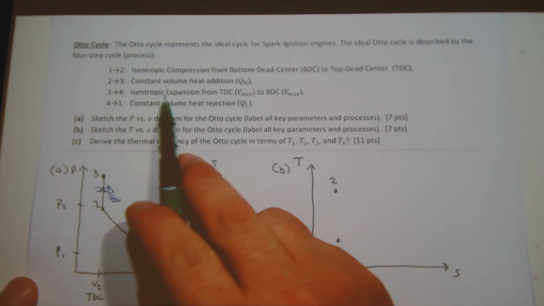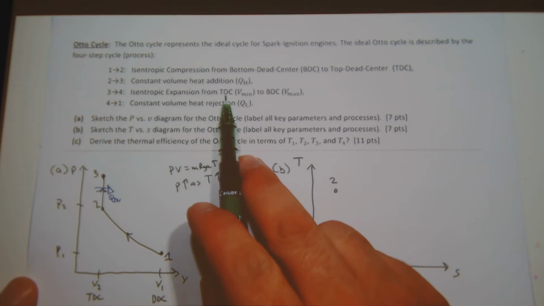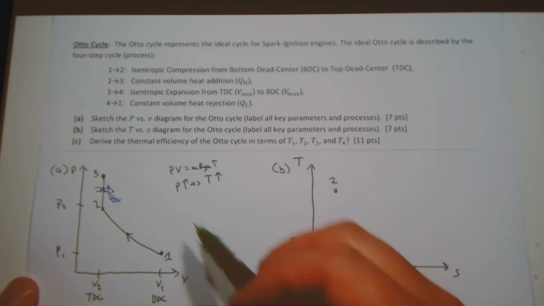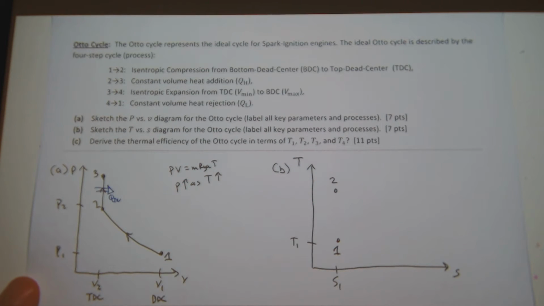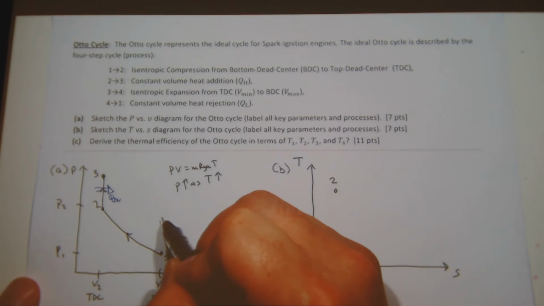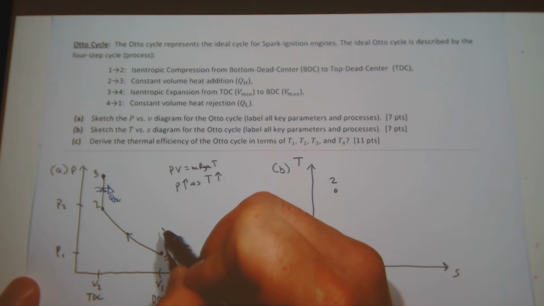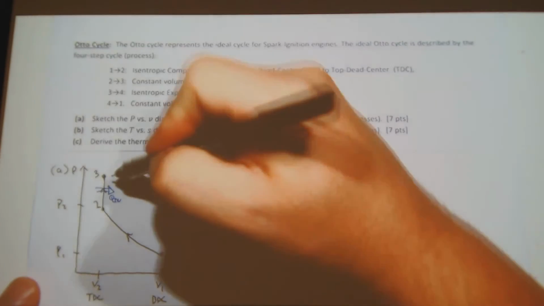And then isentropic expansion from top dead center to bottom dead center. So I know I have an isentropic process, so I end up right here.